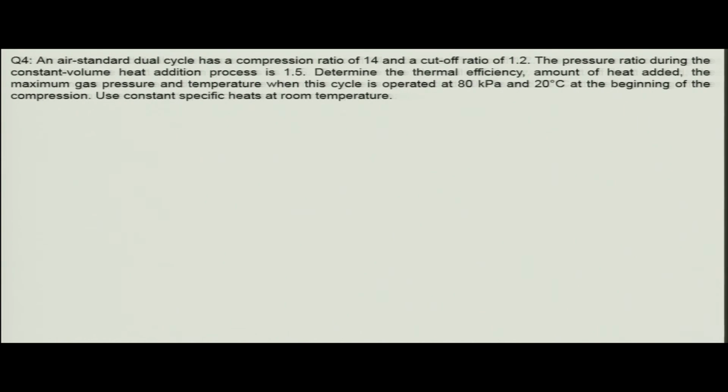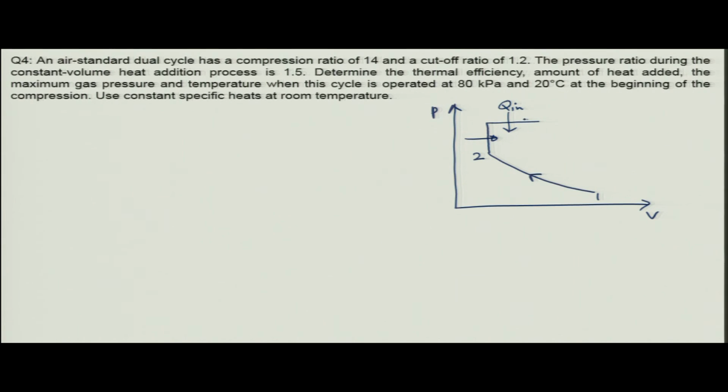So, if you look at a dual cycle, in the PV diagram, it will look somewhat like this. There will be an isentropic compression process, 1 to 2, then there will be a constant volume heat addition, and then there will be a constant pressure heat addition. So, this together is the heat addition process, this is the Q in.